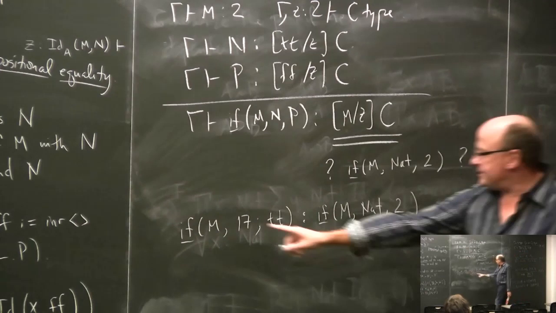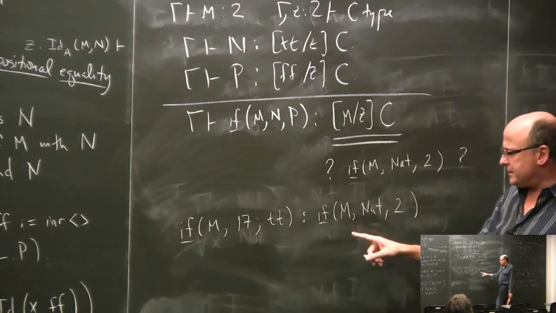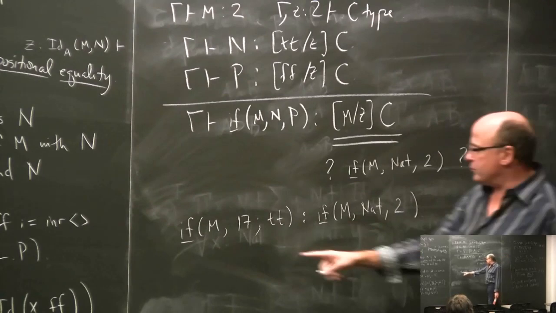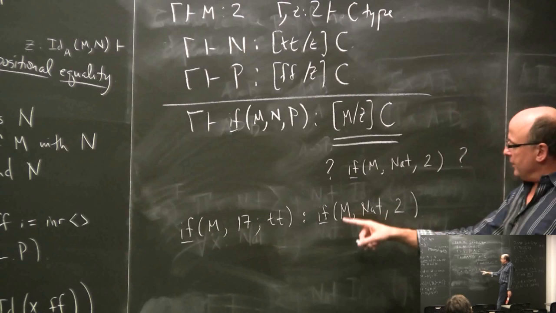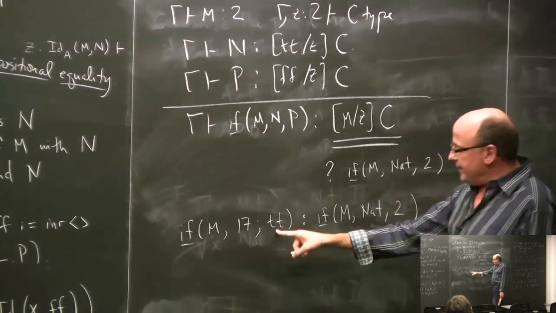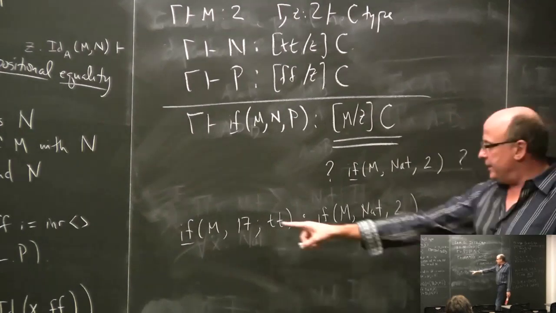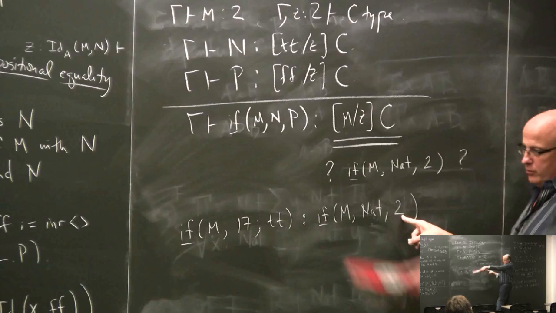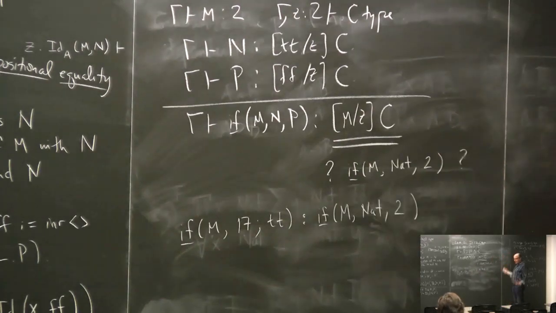Because when you plug true in, when you do the case analysis, 17 has to have type, well, if true, then nat, else 2, which is nat. And here, it's if false, then nat, else 2, which is 2, and true has the type 2 according to the definition I gave before. 17 has the type nat. So in fact, there is a perfectly good join point.